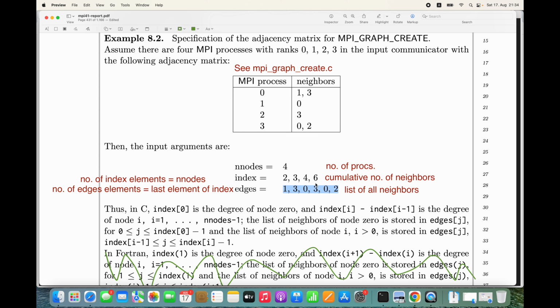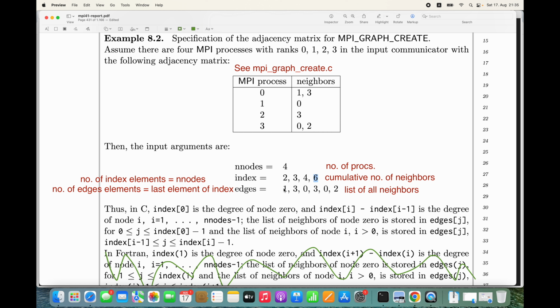And also notice this, it's very interesting. The number of index elements, so how many index elements you're going to have, is equal to the number of nodes or the number of processes you have. I have 4 processes, so my index has the size of 4. We have 4 elements here. How many elements you're going to have in edges is equal to the last number in the index array, which is 6.